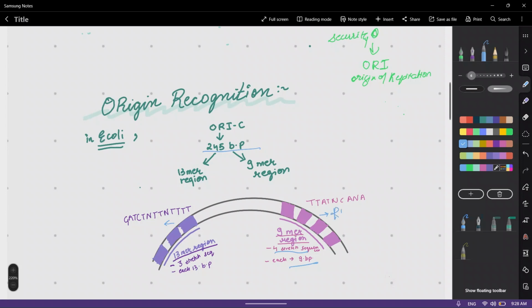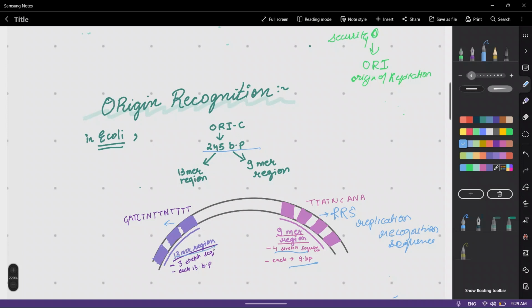This region is known as the RRS, which is your replication recognition sequence. This is your actual weak spot. And the other region is at the leftmost side of the ORI stretch.